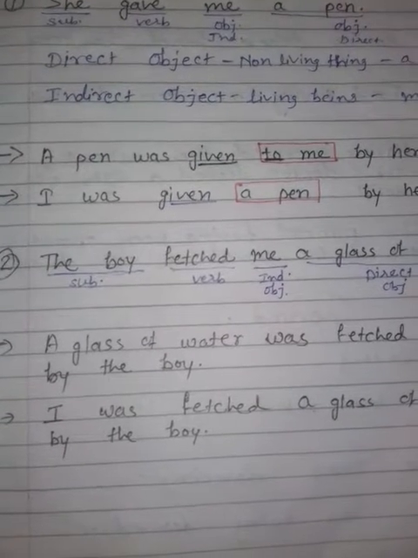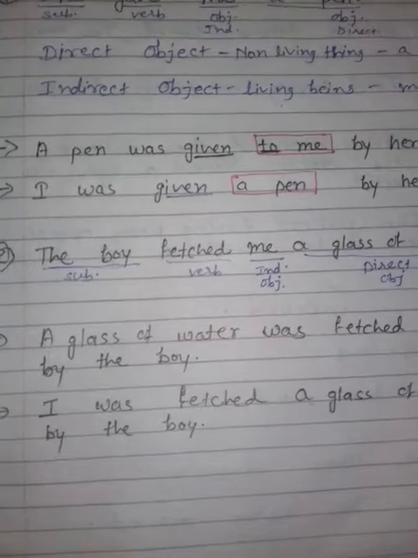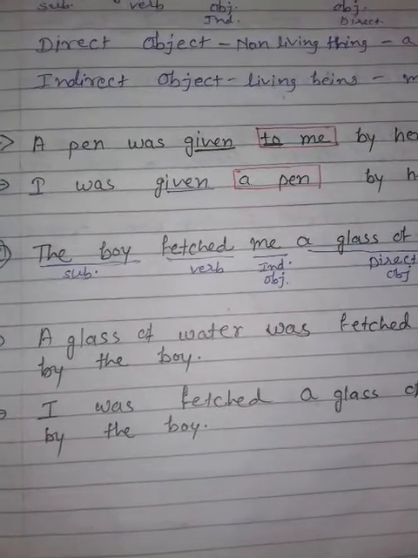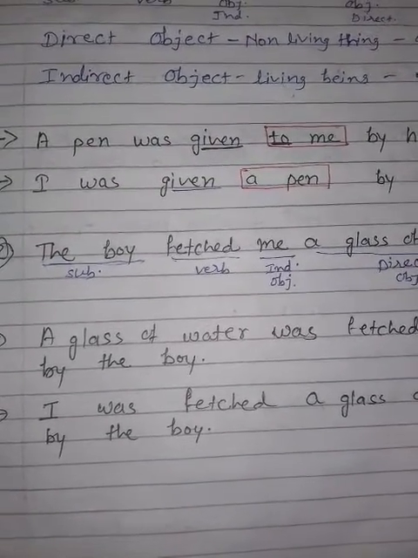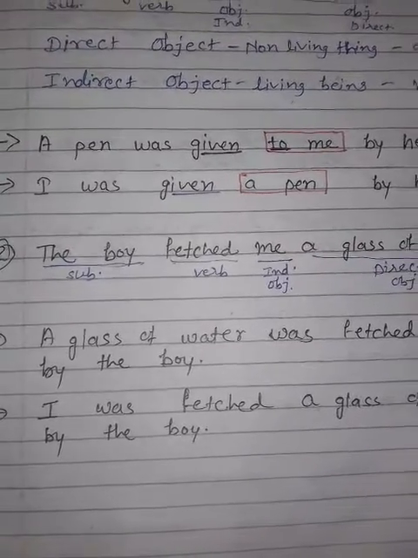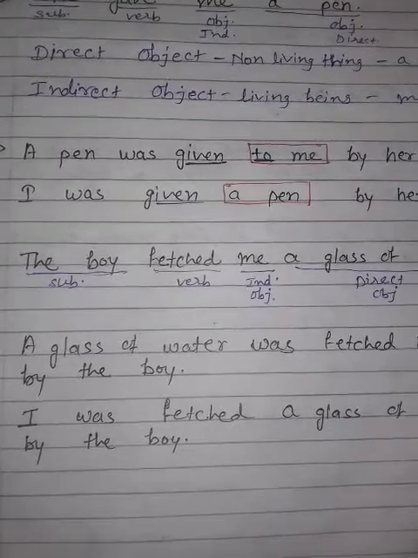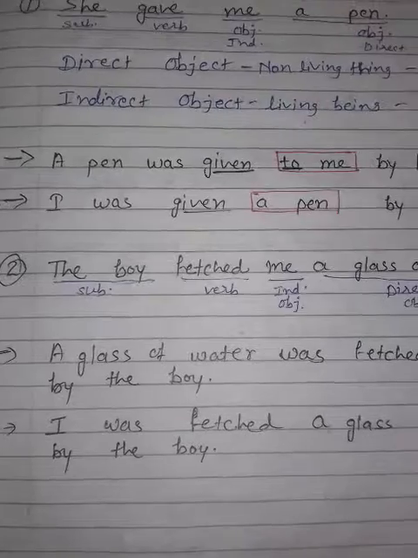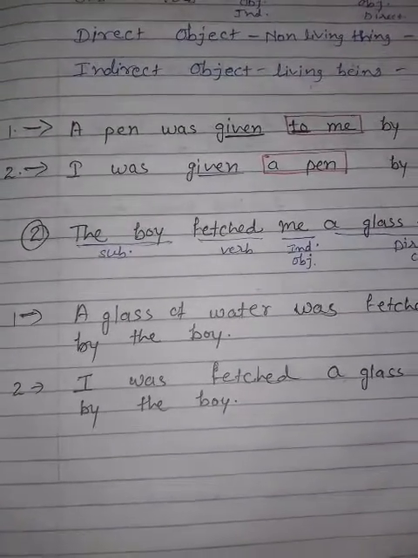Why is it called the indirect object? Because we can't put this object directly. Here we add to or for to add the second object. Then after by comes the object of passive voice, so she becomes her. Now we change in the second method.